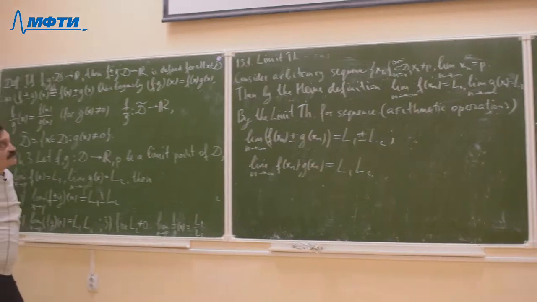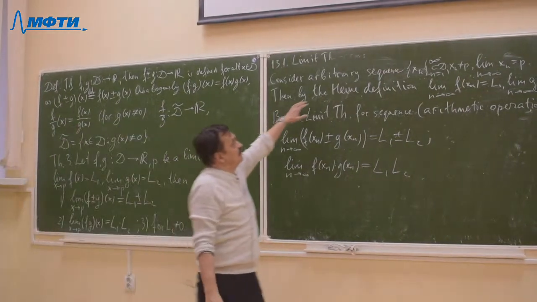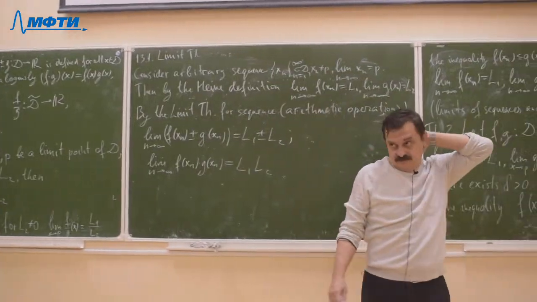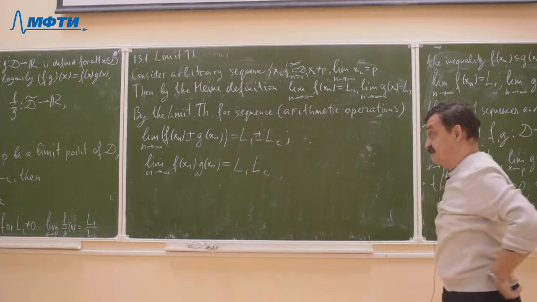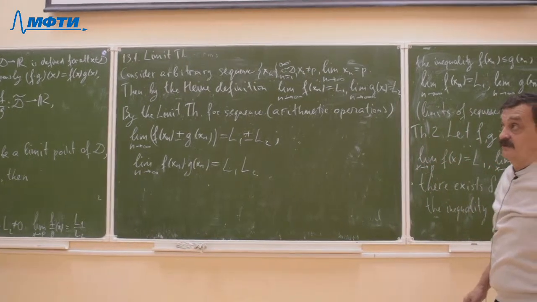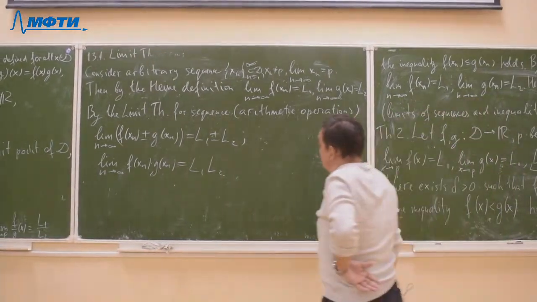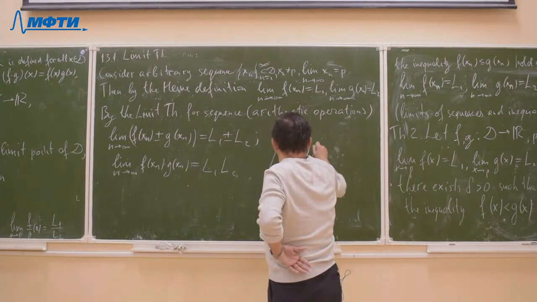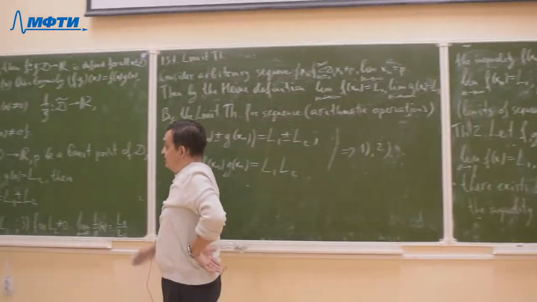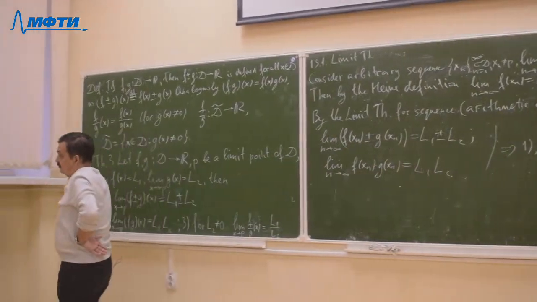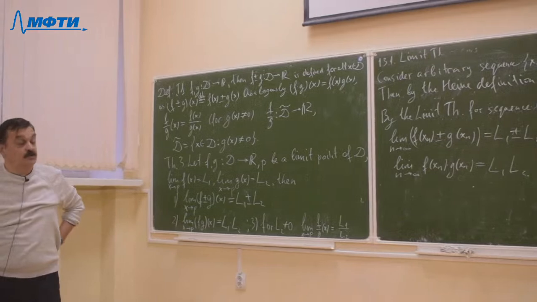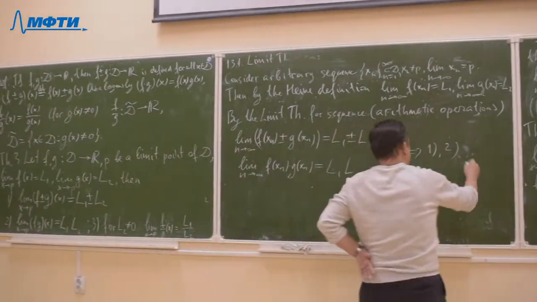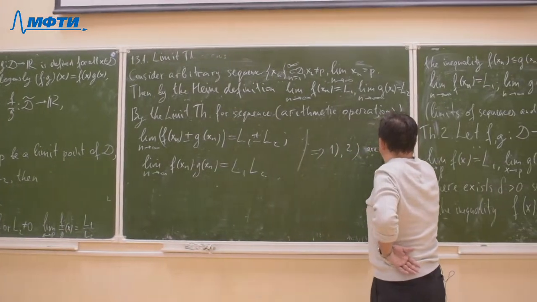And since the sequence xn is an arbitrary sequence which satisfies properties from the Heine definition, it follows the first and second assertions of the theorem. So first and second are proved.